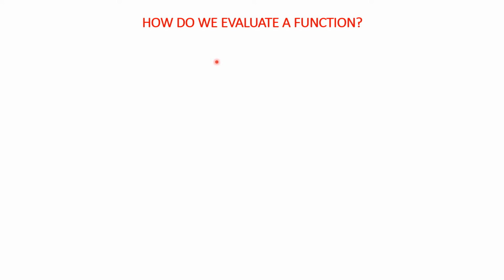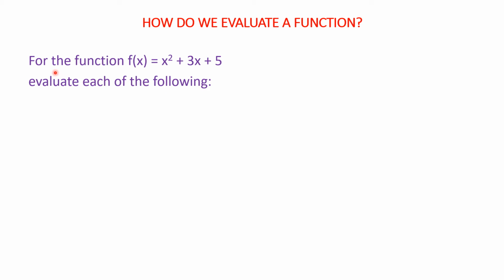How do we evaluate a function? For the function f of x equals x squared plus 3x plus 5, evaluate each of the following. Number 1, f of 2. Number 2, f of x plus 3, and then f of negative x. All we have to do is plug in 2 instead of x, so 2 squared plus 3 times 2 plus 5.